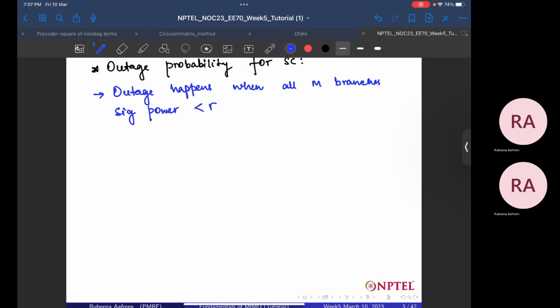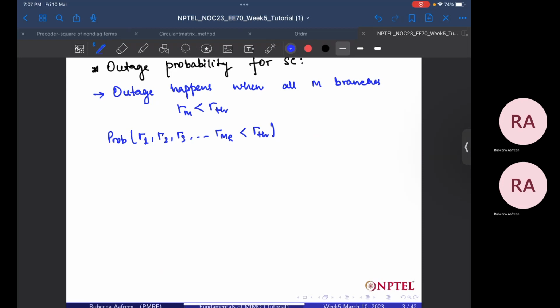All branches' SNR gamma M is less than gamma threshold, right? So what this means is the probability that gamma 1 and gamma 2 and gamma 3 and so on up to gamma M, all of these are less than gamma threshold.